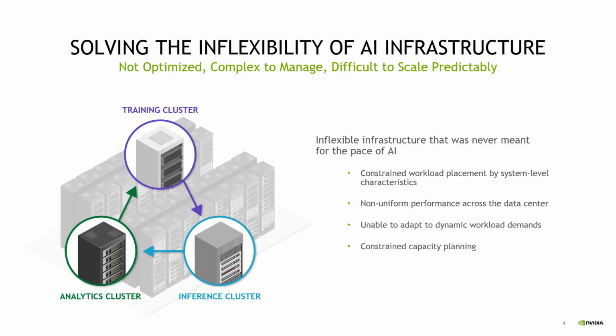So what all was there? Constrained workload placement by system level characteristics, non-uniform performance across the data centers because we had different servers for inferencing and different servers for training. Similarly, the user was unable to adapt to dynamic workload demands. It was possible that the system administrator was not able to keep up with the requests coming in for the training cluster and the inference cluster. And there was also constrained capacity planning.